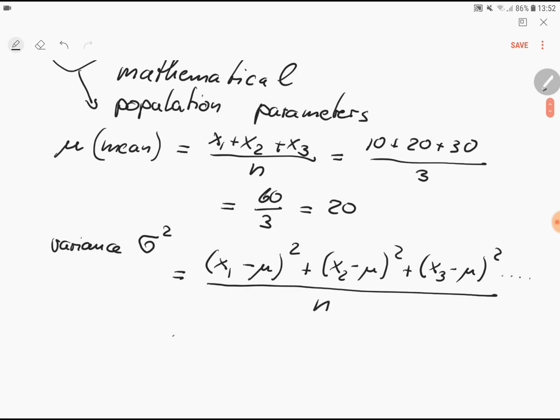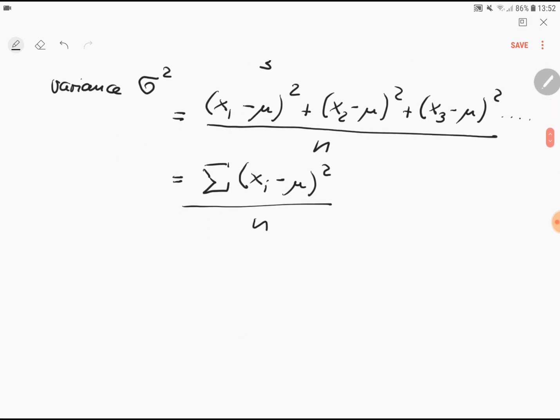We can also write this as the sum of xi minus mu squared, divided by n. That is something that you sometimes see in textbooks.